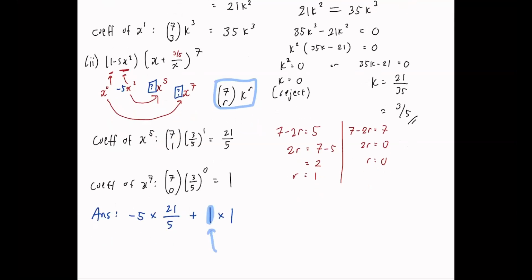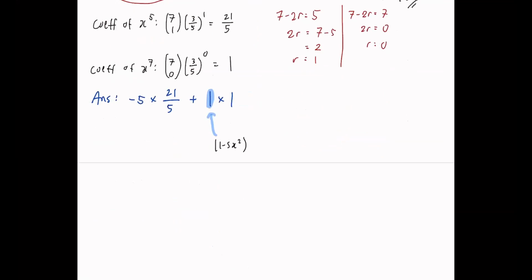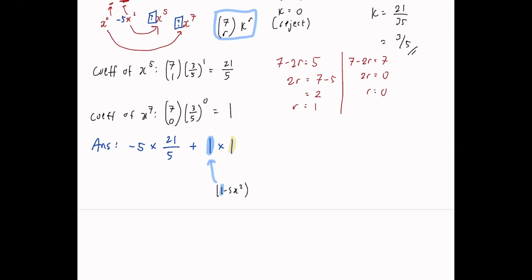This is from 1 minus 5x squared is 1. And that is from there, the coefficient of x power 7. And then color coding a bit more. 21 over 5 is the coefficient of x power 5.